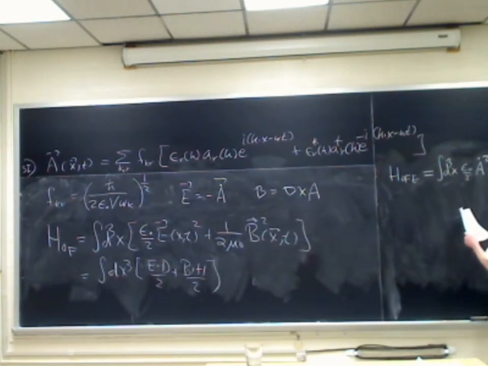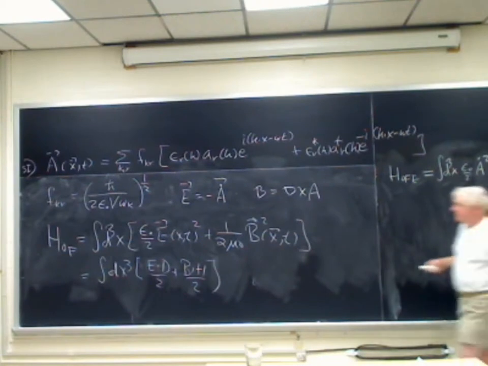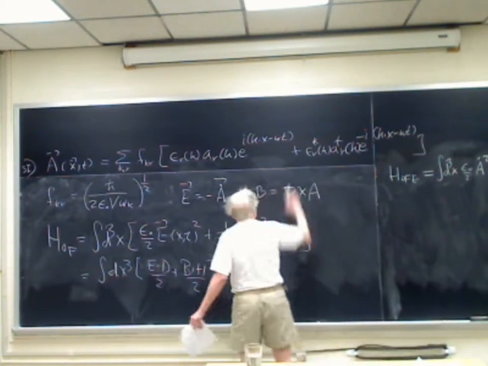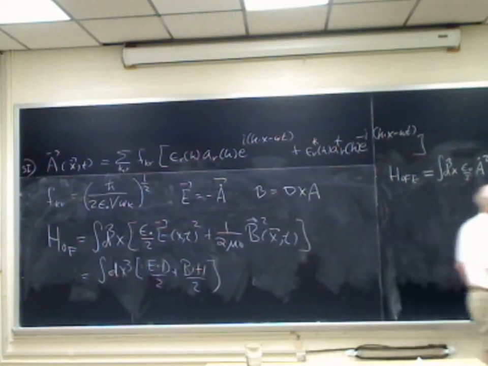So this is going to be epsilon 0 over 2 integral d cubed x, and now it's a sum over k and r, f_kr. And now just carrying out the differentiation with respect to time, you get minus i omega k, epsilon r, a sub r of k, and so on. If I write everything down, we'll be here all day and all night.